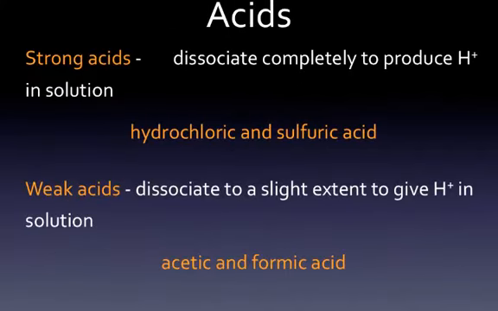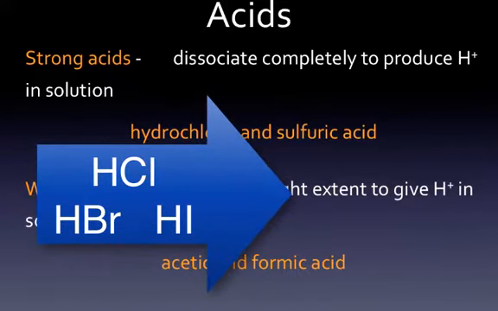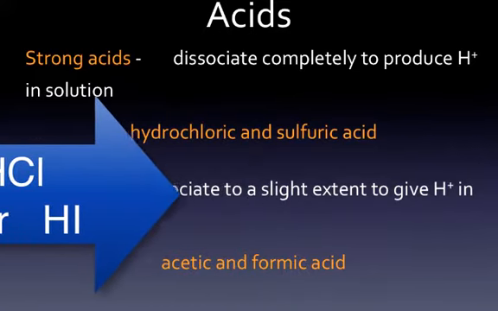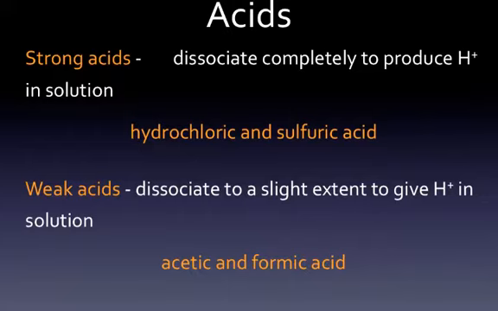So I mentioned strong acids before. You just need to know a couple rules for strong acids. The strong acids are HCl, HBr, and HI. Those are your strong acids. And then nitric acid, sulfuric acid, and chloric acid, perchloric acid.